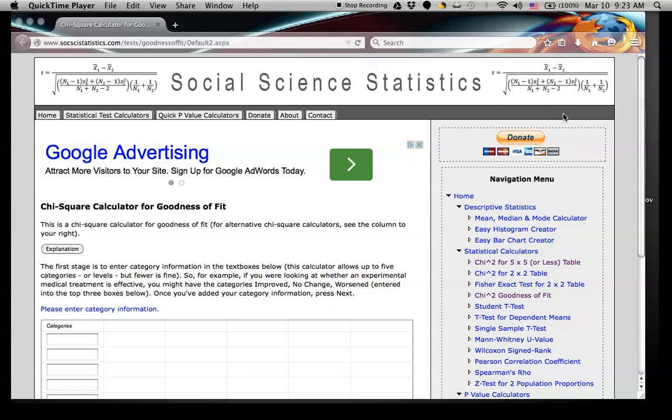To answer this question, the chi-square value was computed and then tested for significance. In this particular example, we'll see that the chi-square value is equal to 11.643, which is significant if we have our critical value of alpha set at 0.05.